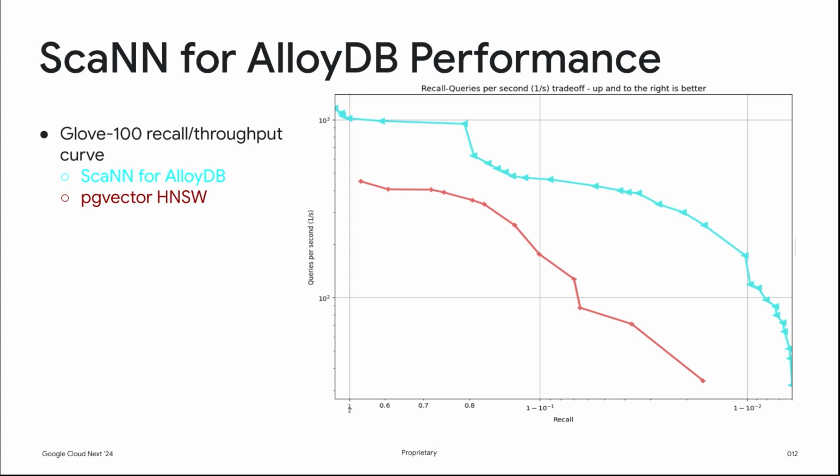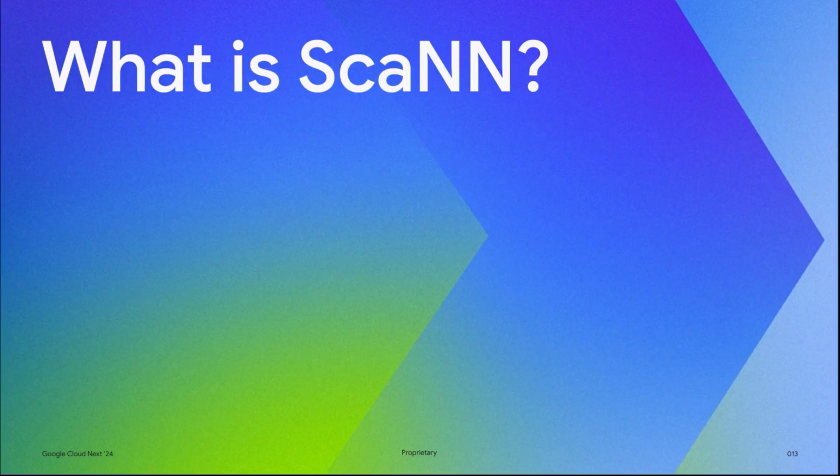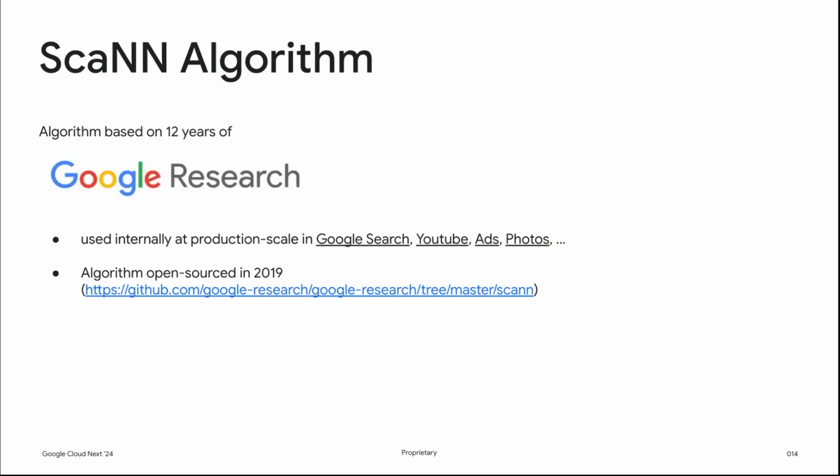Okay, now let's go into what is scan deep inside and how does it achieve these performance numbers that we discussed before. So before we discuss what it is, let's discuss what it is based on.